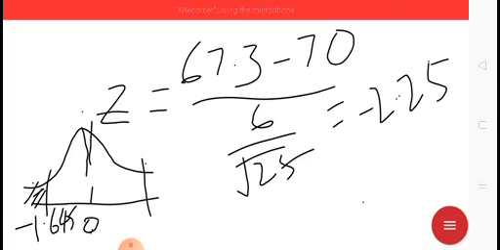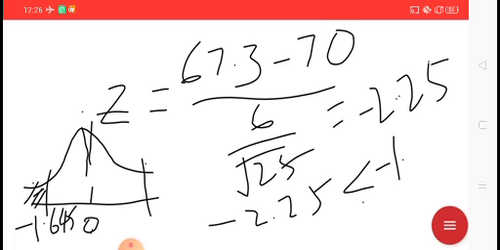Don't forget the center is 0. Lower part means negative. So negative 2.25 is smaller than negative 1.645.